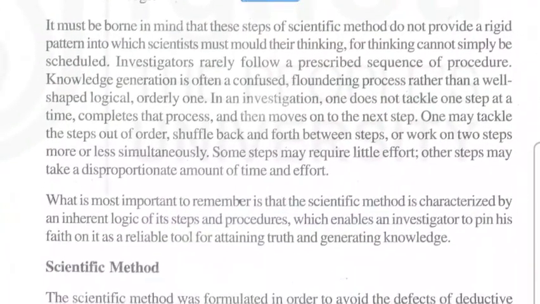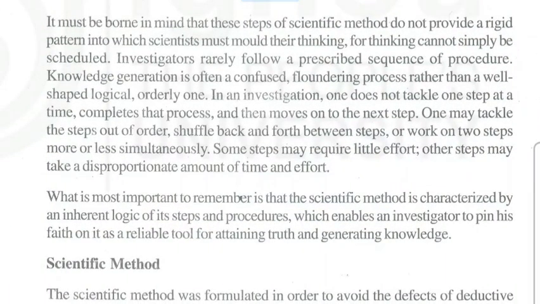It must be borne in mind that these steps of the scientific method do not provide a rigid pattern into which scientists must mold their thinking, for thinking cannot simply be scheduled. Investigators rarely follow a prescribed sequence of procedures. Knowledge generation is often a confused, floundering process, rather than a well-shaped, logical, orderly one.